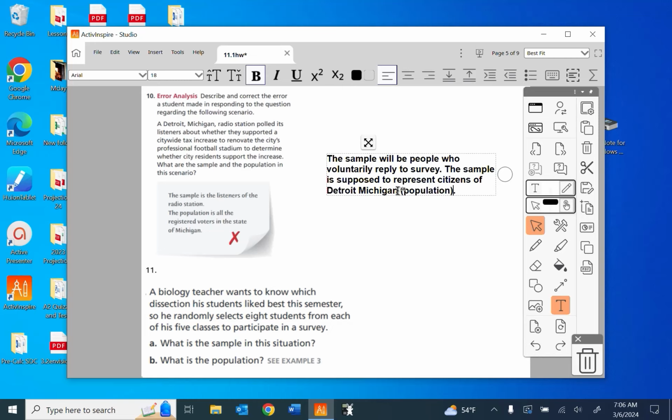All right, 11. A biology teacher wants to know which dissection his students like best this semester, so he randomly selects 8 students from each of his 5 classes to participate in the survey. The sample here is going to be the 8 students in each class. That's obvious. The population would be all students in biology class.